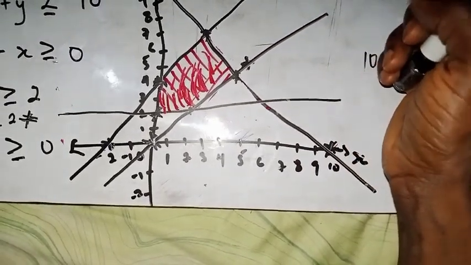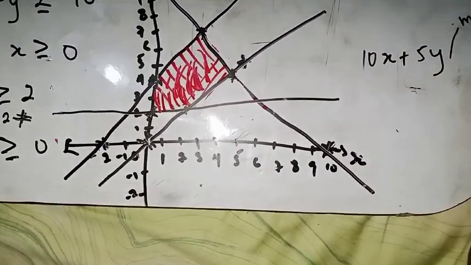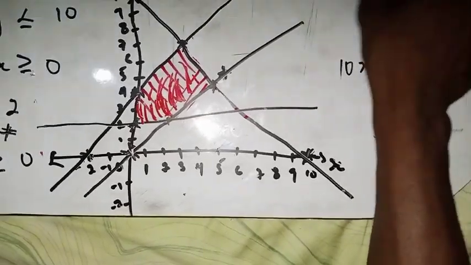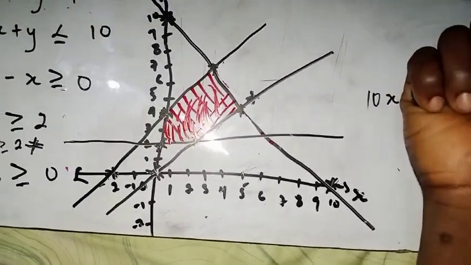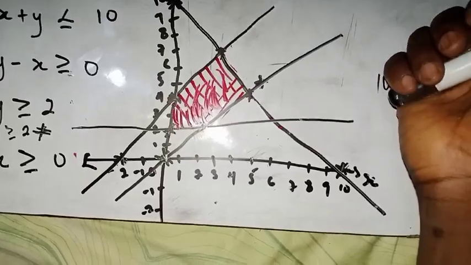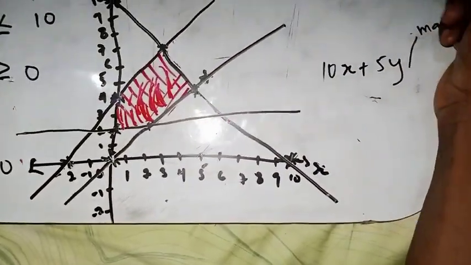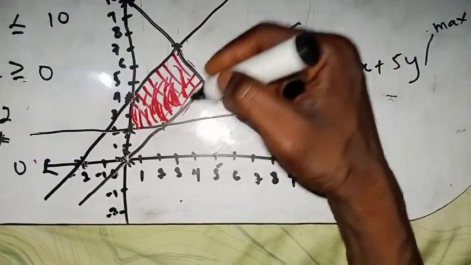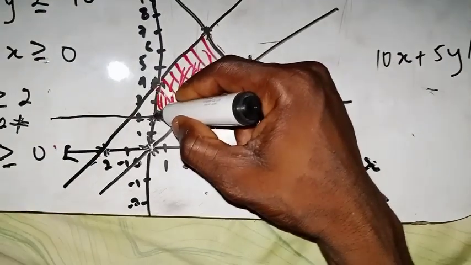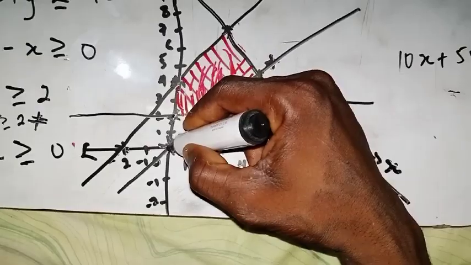Let me give you the points here. According to your graph, it may be a little different from mine. Picking these vertices, let's say after solving, one vertex here is 0 2.